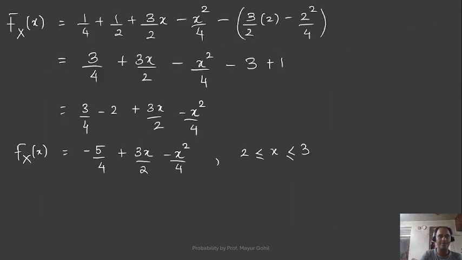So this portion was the D portion. The E portion we have now is when x belongs to the interval 3 to infinity.